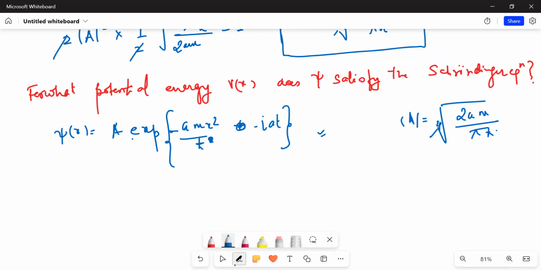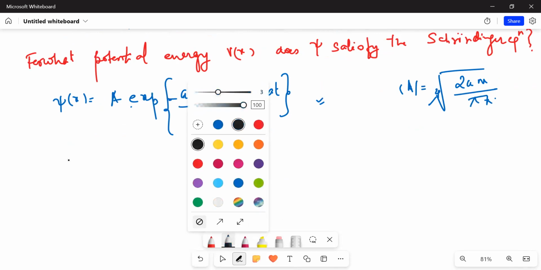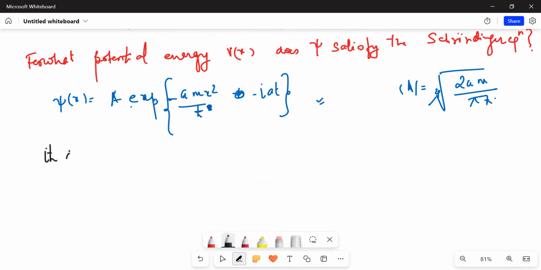Okay, this is my wave function. We want to find for which potential energy this wave function would be applicable. This will satisfy the time-dependent Schrodinger equation given by i h-bar del psi upon del t equals minus h-bar squared upon 2m, times del squared upon del x squared of psi, plus V as a function of x times psi.